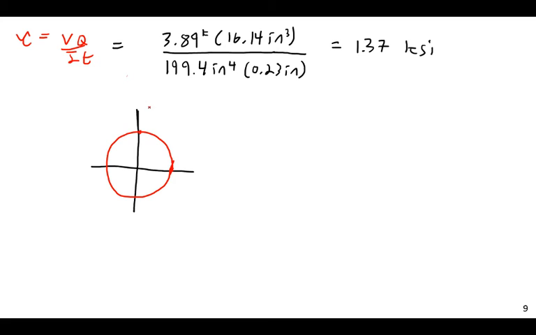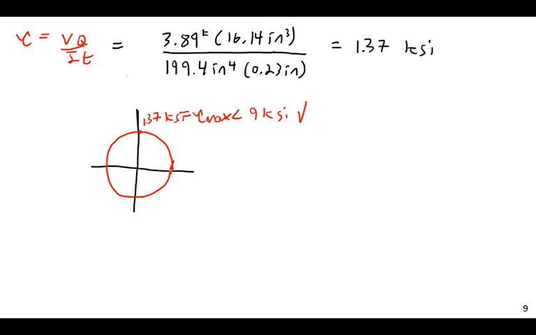And tau max here is 1.37 KSI, and this is less than 9 KSI, our allowable shear stress, so thankfully we don't have to calculate that again. Our allowable shear stress will be constant across, so we're good there.